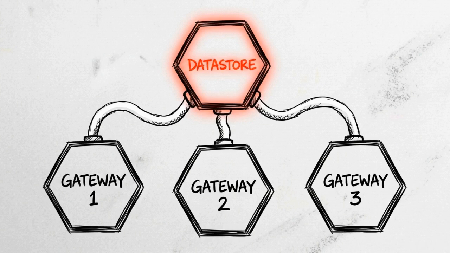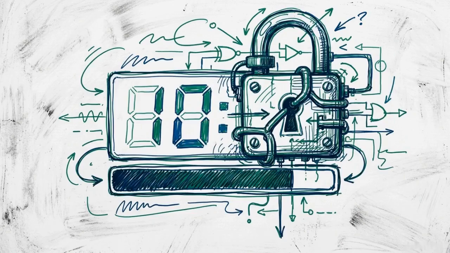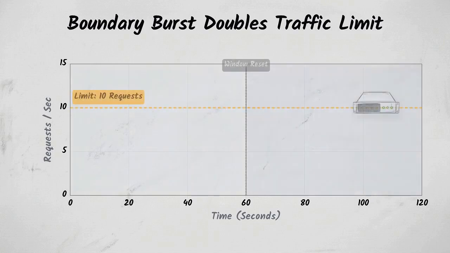To enforce limits consistently, the architecture requires a centralized high-performance in-memory data store, typically Redis, to maintain global rate-limiting state across all gateway nodes. The simplest approach is the fixed window counter. It uses standard Redis increment and expire commands to count requests within a static timeframe, offering extreme memory efficiency.